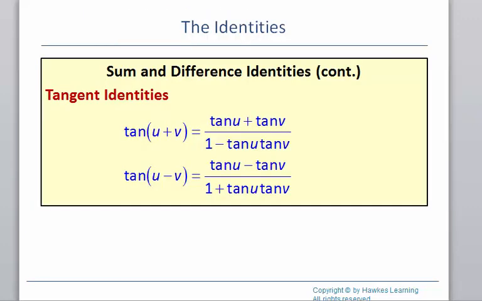All right, so we're doing a subtraction, so we'll be on this bottom formula. We're going to have 60 for our U and 45 for our V. And so again, I would be plugging in. Everywhere there's a U, I'm going to put a 60. Everywhere there's a V, I'm going to put a 45. And I'm going to go back and work this out.